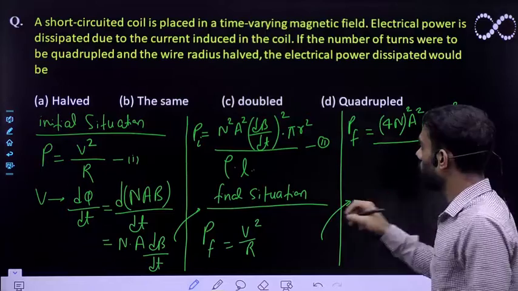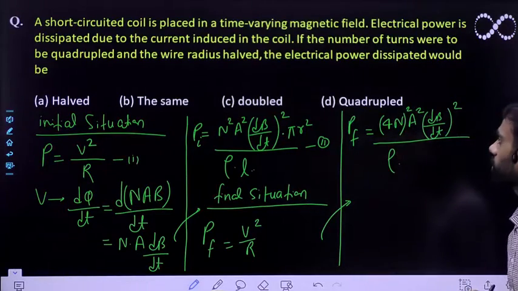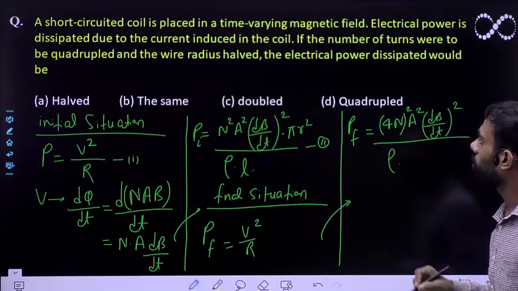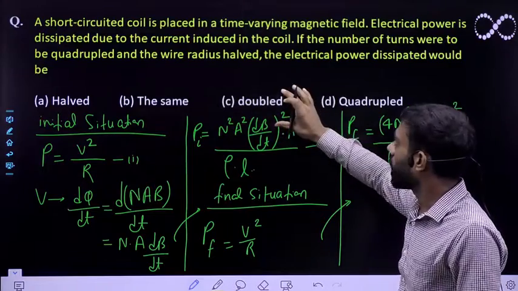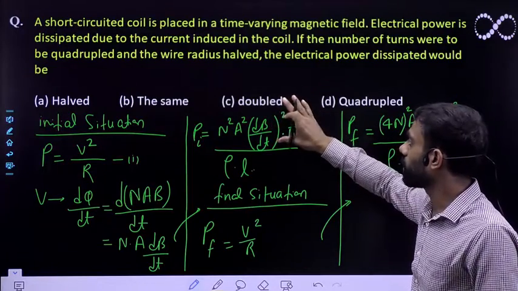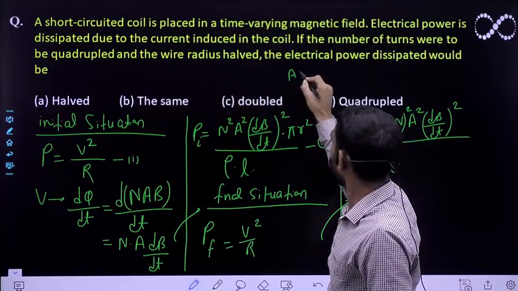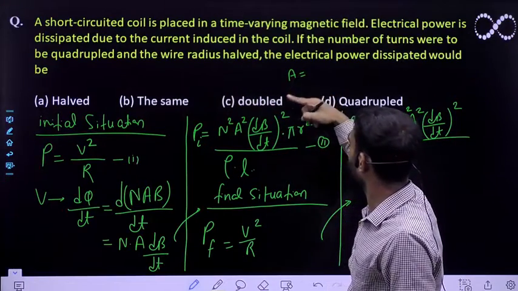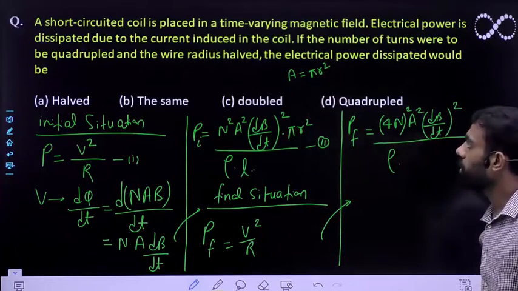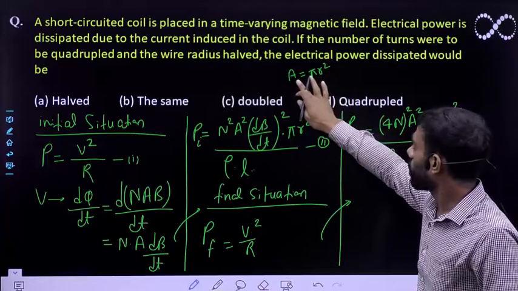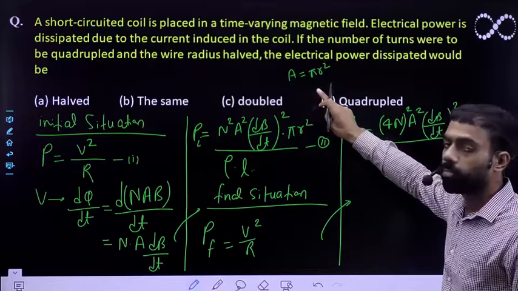Now for the resistance, the resistivity rho will remain the same because the wire is the same. Now if the radius is becoming half, you can easily say the area becomes 1 by 4 times. The area of cross section of the wire is pi r squared. Since the radius is half, the area will become 1 by 4 times, and the volume has to remain constant, so the length must become 4 times.